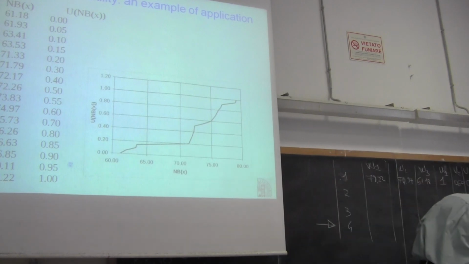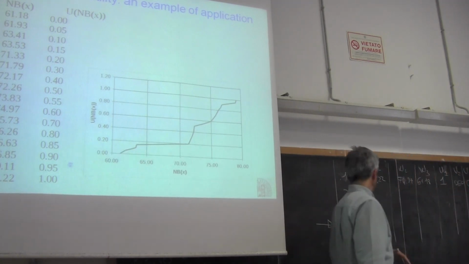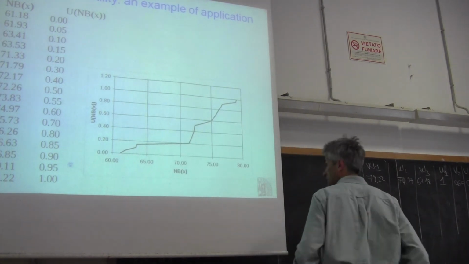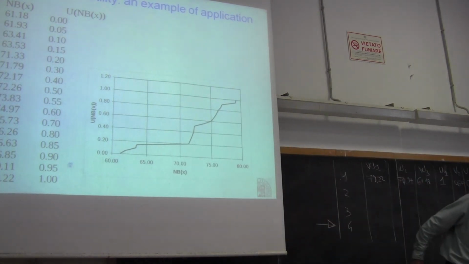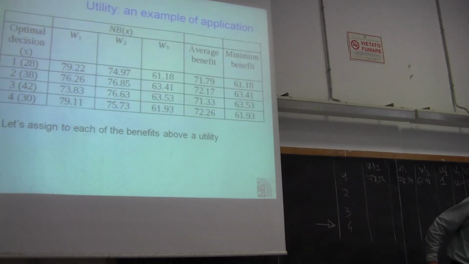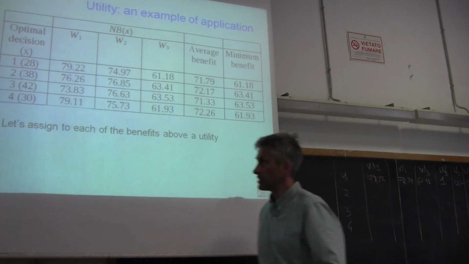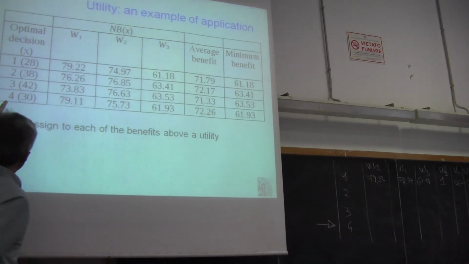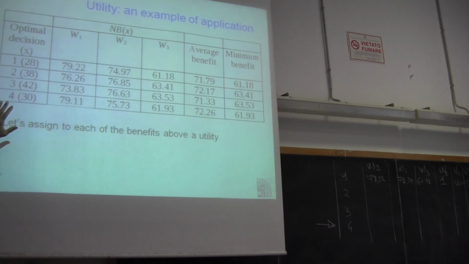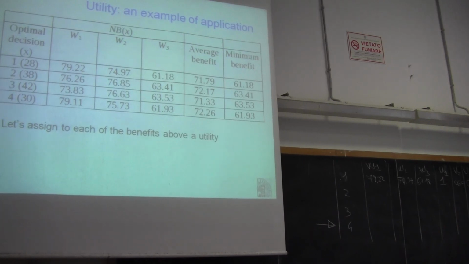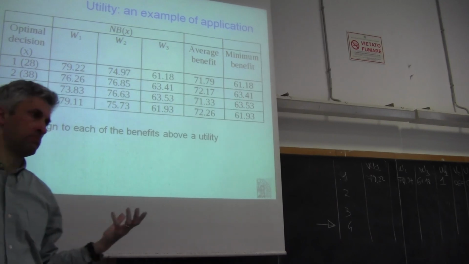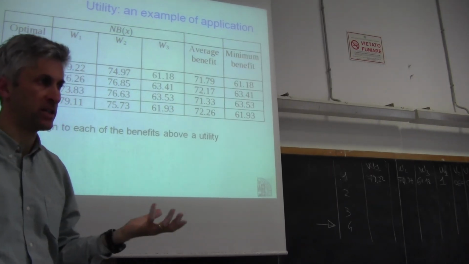And you will see that, let me see the table that I have here. This decision is preferred because my utility function tends to give some propensity to take the risk.